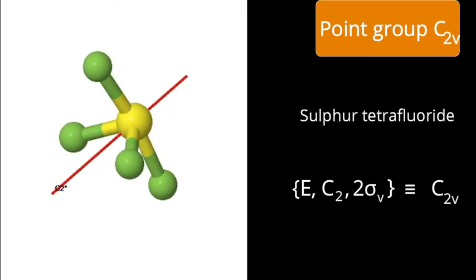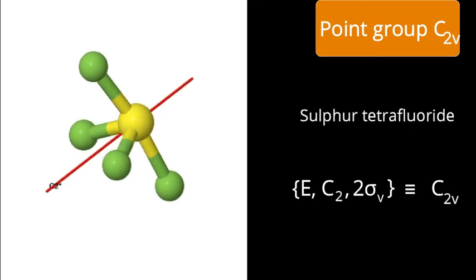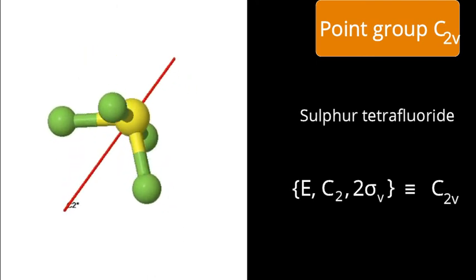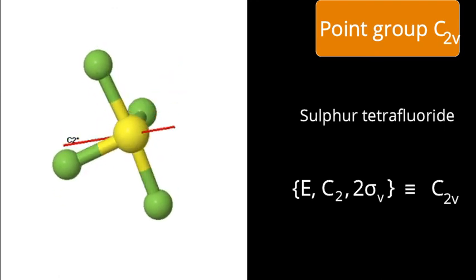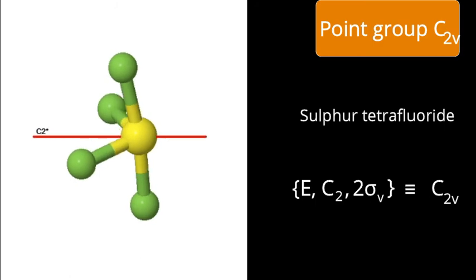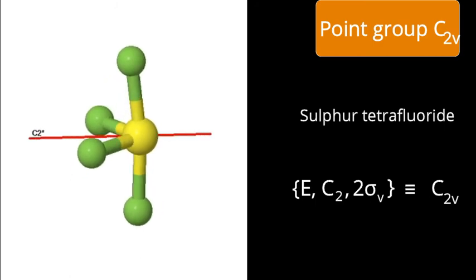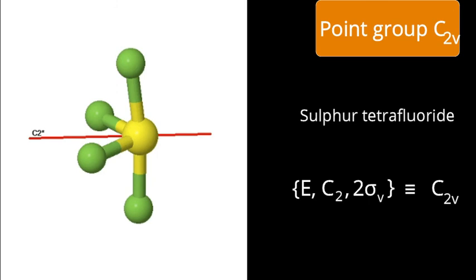How many such operations are possible on C2? Only one. What about planes? Yes. One plane is passing through the upper and lower fluorines and bisecting the angle between the other two fluorines. And the second plane is passing through the equatorial fluorines and bisecting the angle between the axial upper and lower fluorines. So the total number of operations is 4. Which are those?